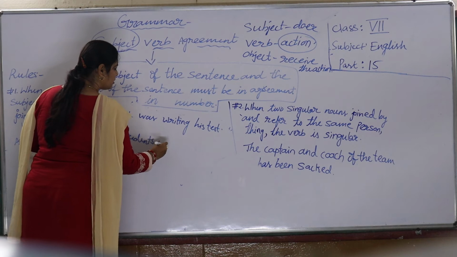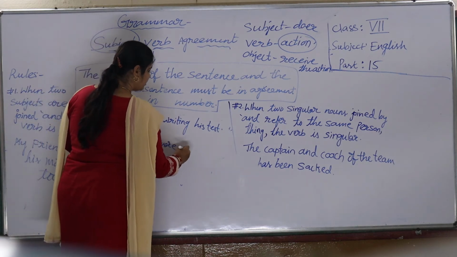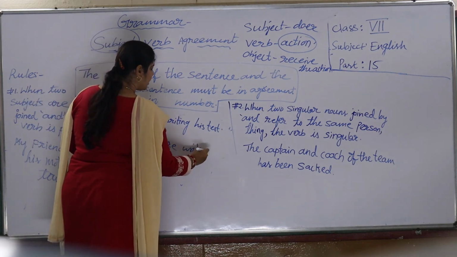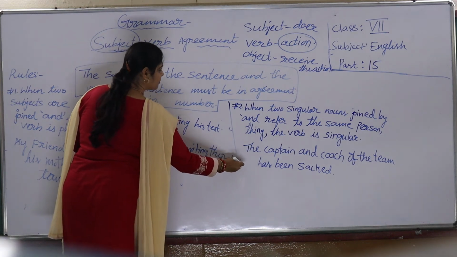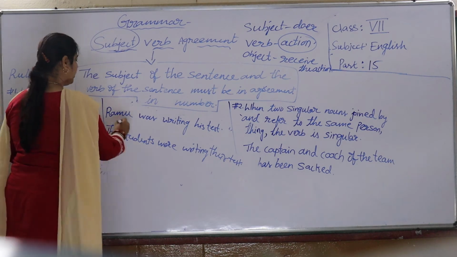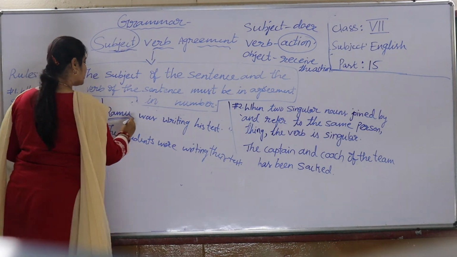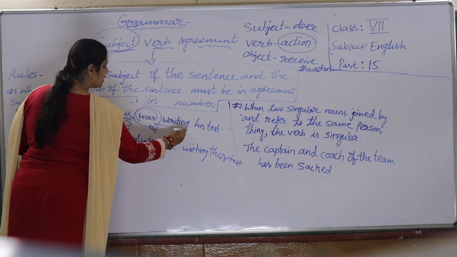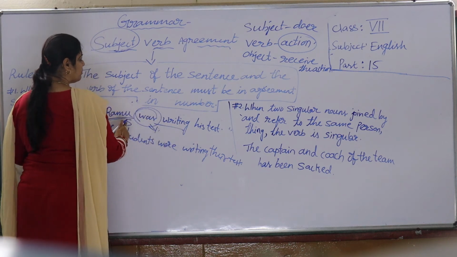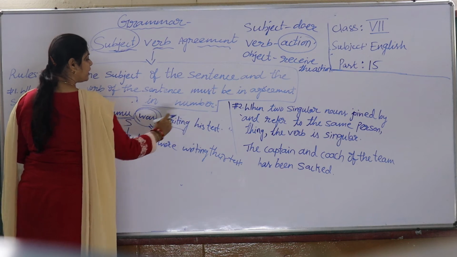The students were writing their test. Okay. So if you see here, Ramu is a singular subject. So was is also for singular person, singular verb. So Ramu was writing his test.